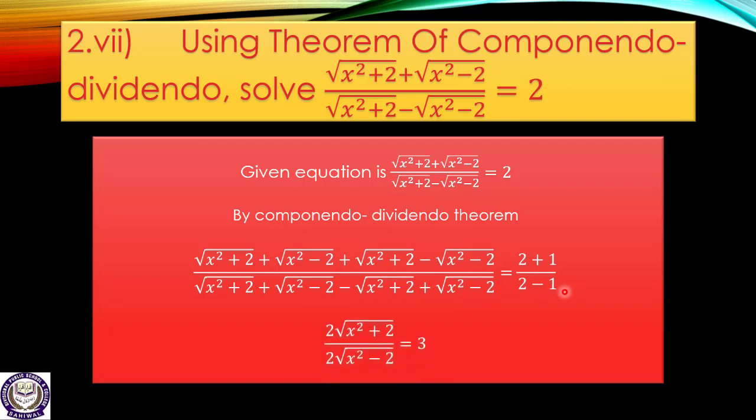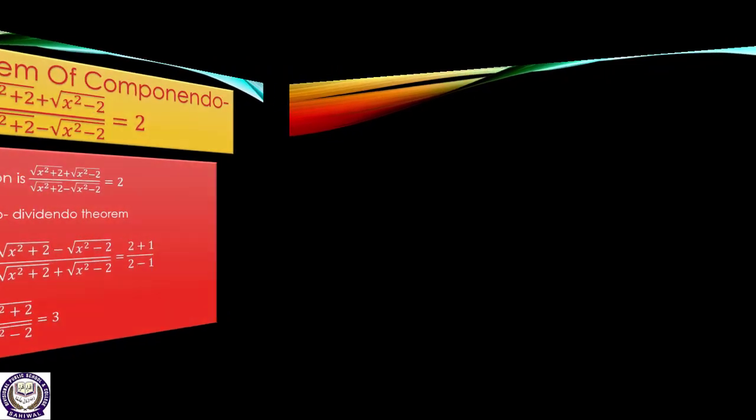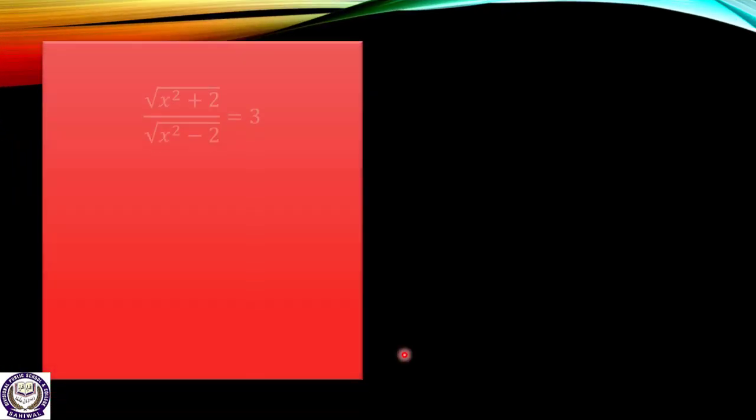On solving, we get 2 times square root of x^2 + 2 over 2 times square root of x^2 - 2 equal to 3. On solving, we get square root of x^2 + 2 over square root of x^2 - 2 is equal to 3.